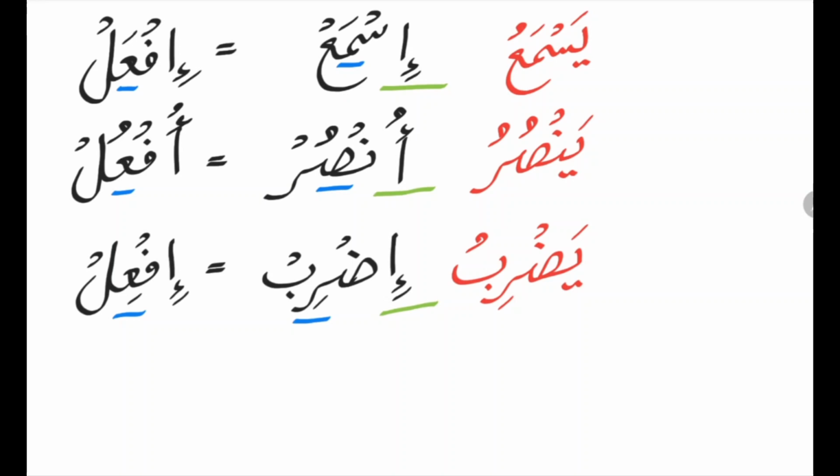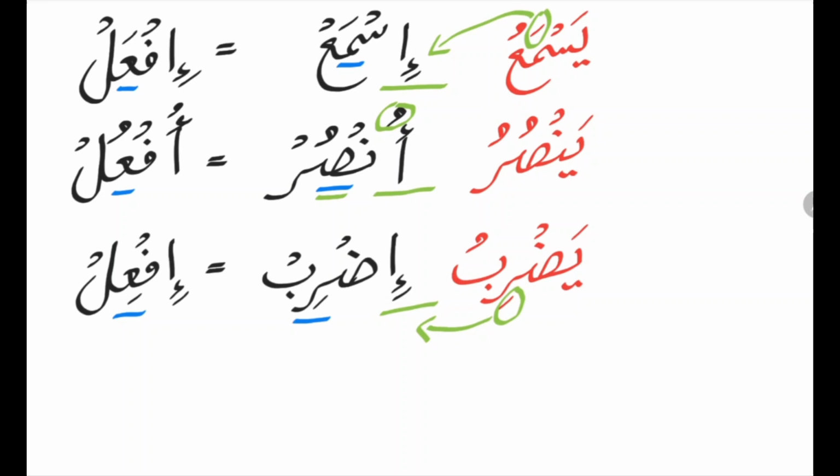The thing you need to remember is if the ayn kalima in fi'l al-mudari' has either a fatha or a kasra, so in this case, there's a fatha, there's the kasra, then the hamza al-wasl is going to have a kasra. But if the ayn kalima has a dhamma, as in the case of unsur, then the ayn kalima is going to govern the hamzatul wasl in the way in which it's going to give it dhamma. So as you can see, unsur, the hamzatul wasl is getting a dhamma because the ayn kalima has a dhamma.